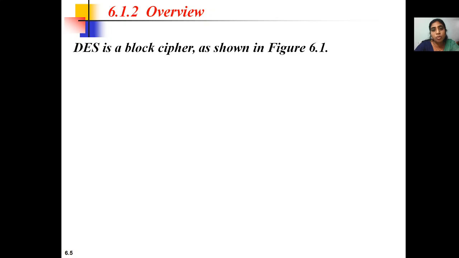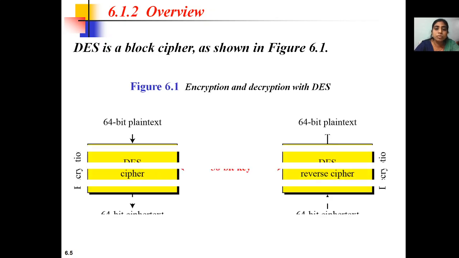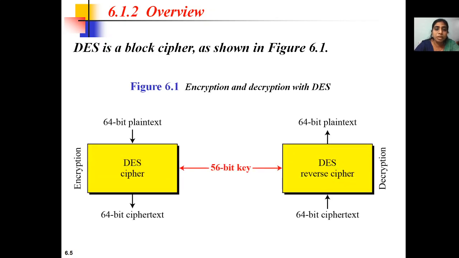Coming to the overview of the DES block cipher. In this DES we are going to use a block size of 64 bits and a key size of 56 bits.